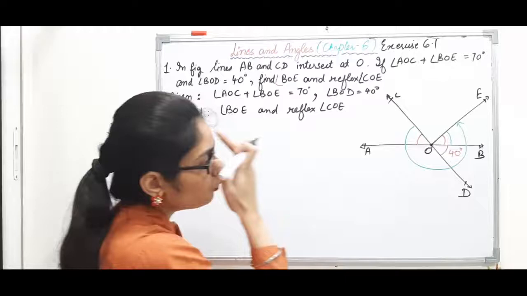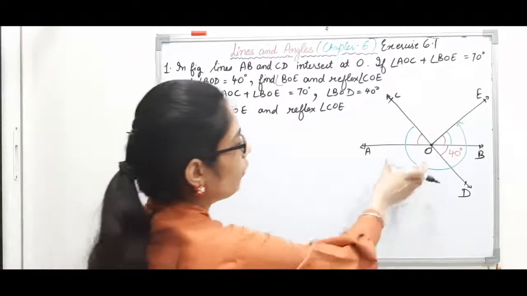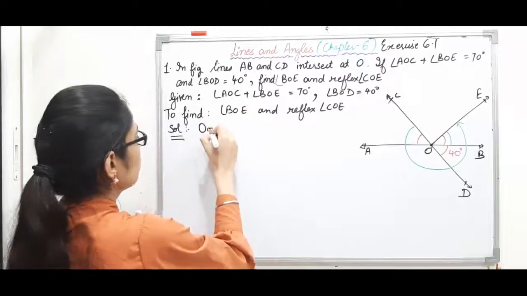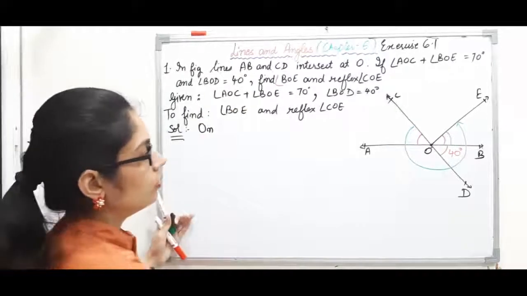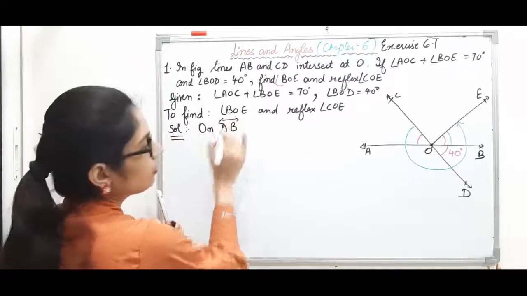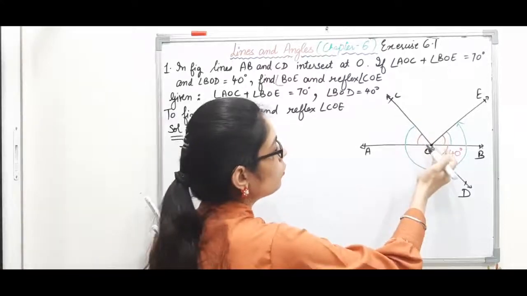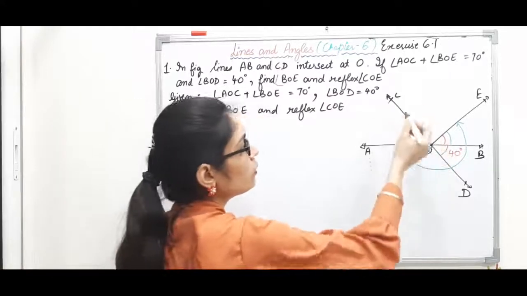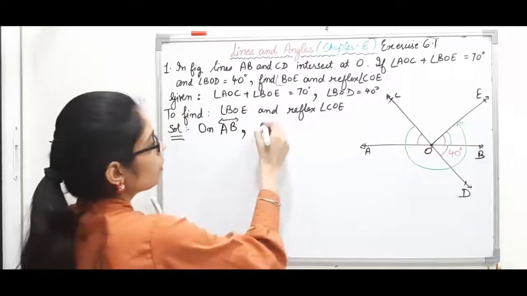First of all, we have to focus on what is given to us, and accordingly we have to proceed. So on line AB, any ray we can assume, because on line AB, OC is also one ray and OE is also one ray. So any one we can write.